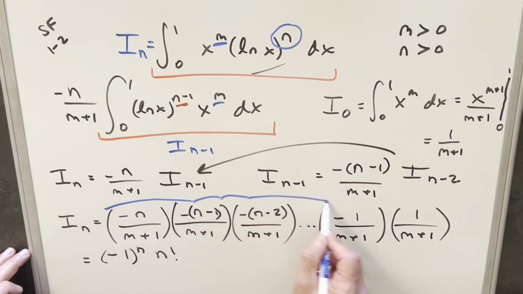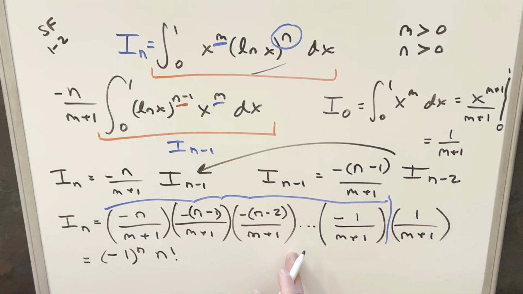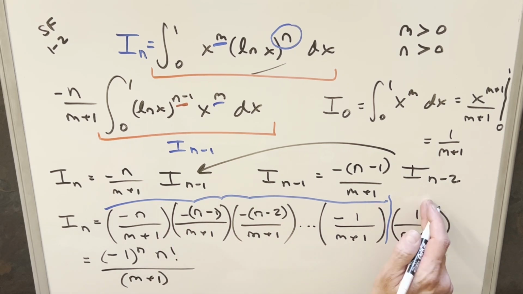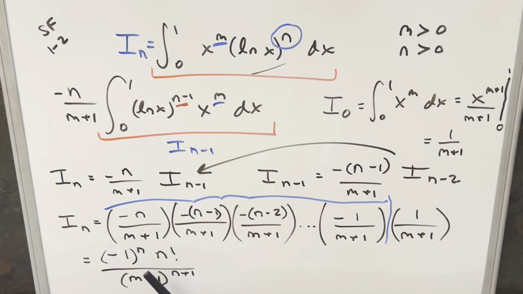This right here, all the way to this point, is n terms, as we start with n and go all the way to 1. But we added one more term right here, one more copy of 1 over m plus 1. So all this is going to be m plus 1 to the n plus that one, so we can write the exponent as n plus 1. And so for my final solution to this, we just have minus 1 to the n times n factorial over m plus 1 to the n plus 1, and that's it.